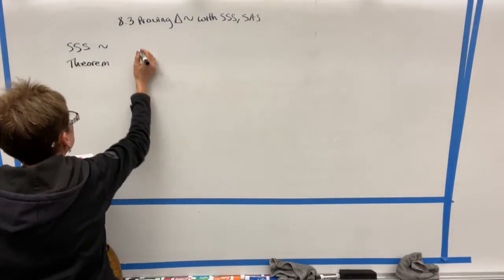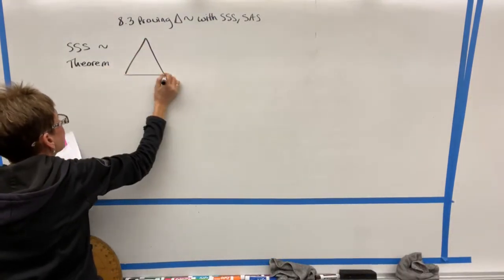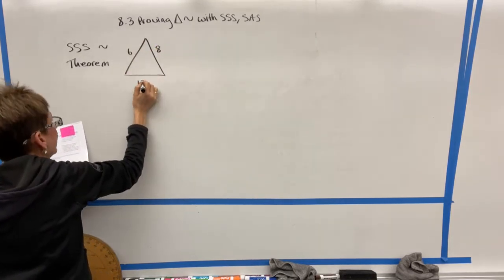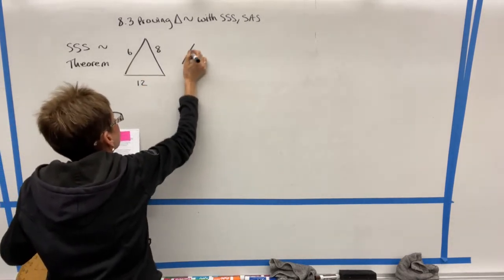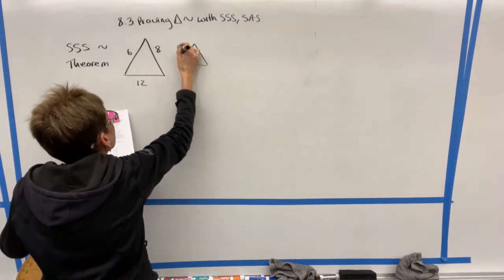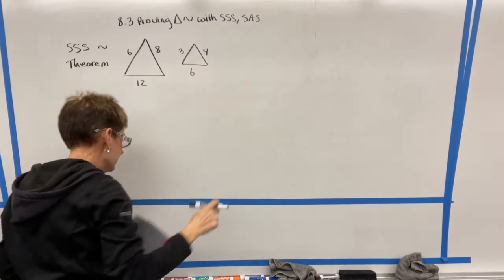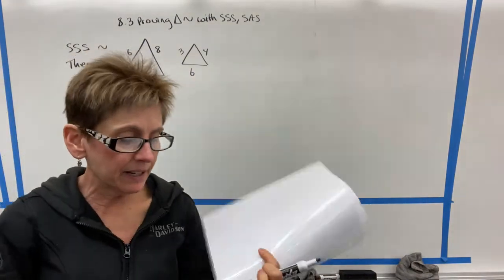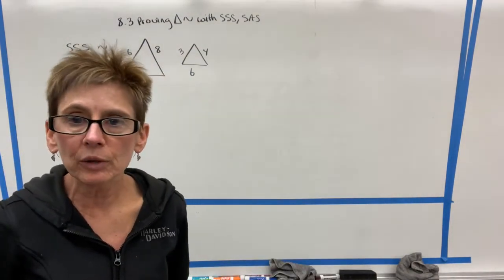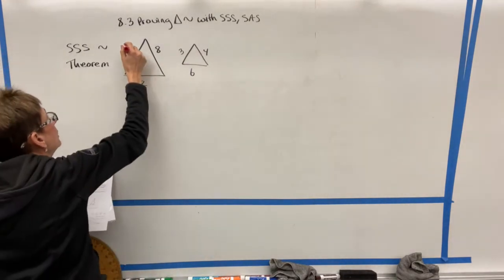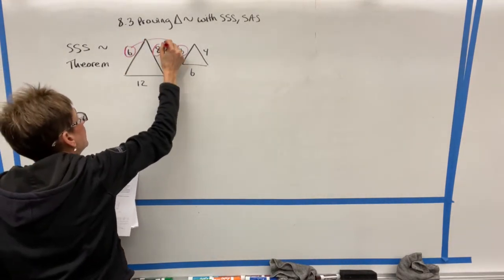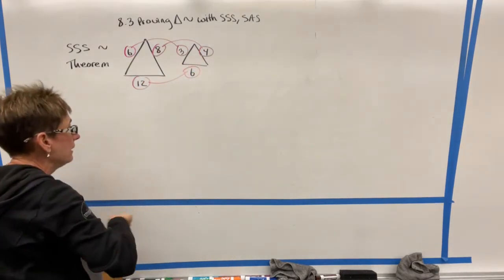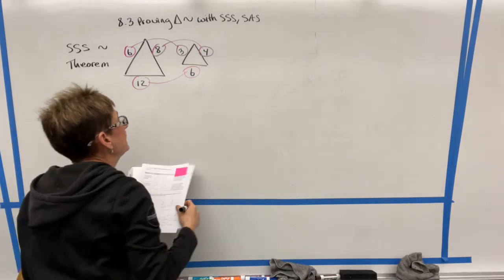So let me show you what I mean by that using a specific example. Let's say that I have one triangle with lengths 6, 8, and 12 for its sides, and another triangle with lengths 3, 4, and 6. What I need in order to be able to prove similarity using side, side, side is I need three pairs of corresponding sides that are proportional. So if we look at this problem here, we can see that whenever we divide a side on the left by a side on the right, we get the same number.